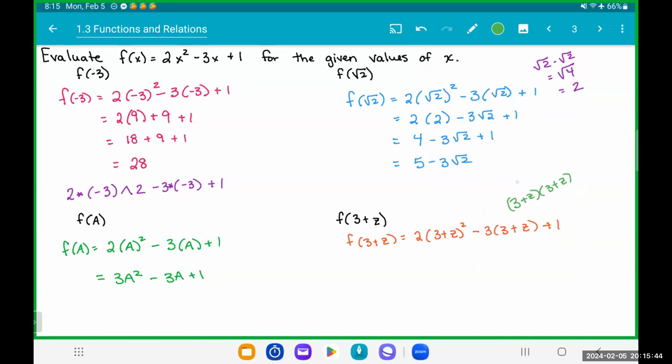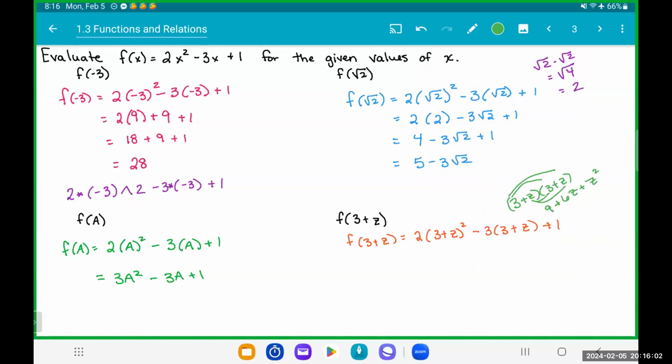We use FOIL, so we're multiplying our firsts and then our outers, and that's going to give us 9 plus 6z plus z squared.